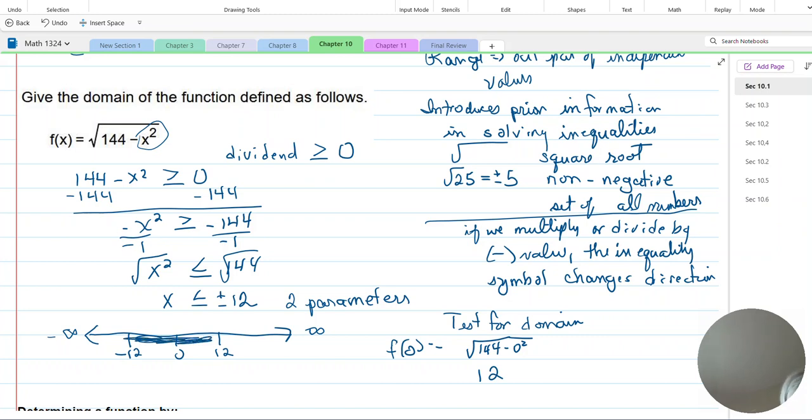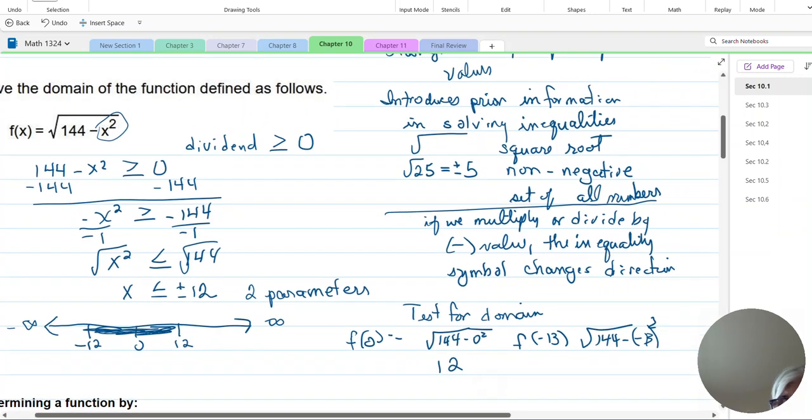So let's try one outside of that area. Let's try f of negative 13. Well, we get the square root of 144 minus, in parentheses, negative 13 squared. Sorry about that.